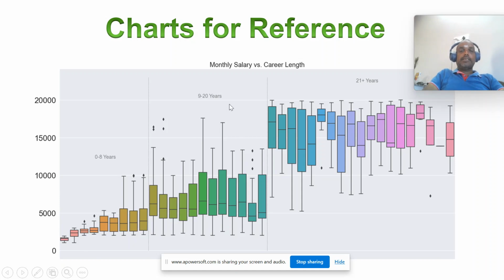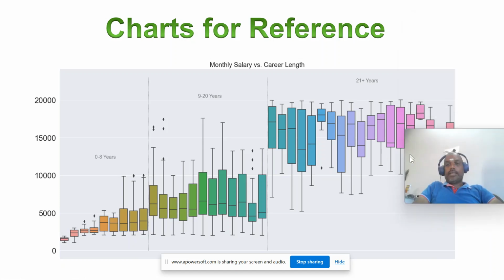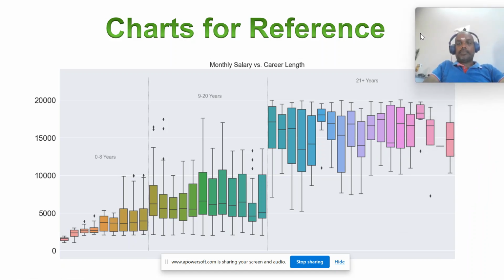In between the years, in the bucket of 21 plus years, not all the salaries are the same average. You can see, right? The median is different. These are all the groups actually, and these groups are given different colors. This is group 1, this is group 2, this is group 3, this is group 4.